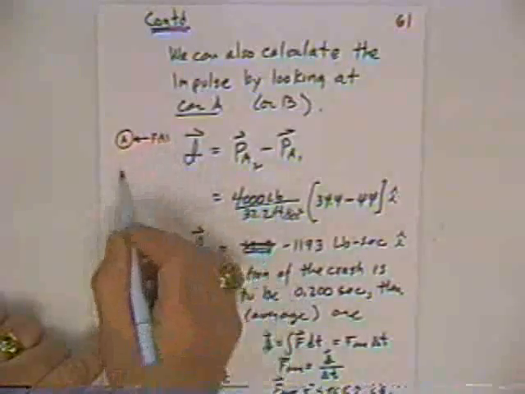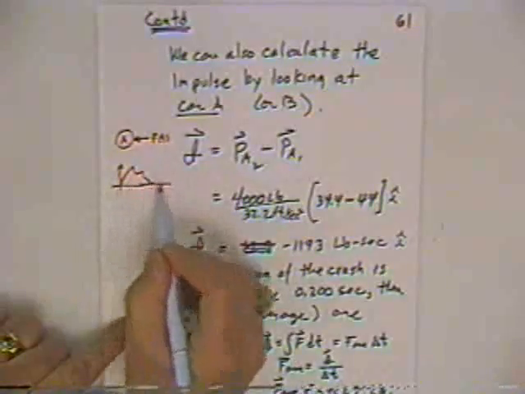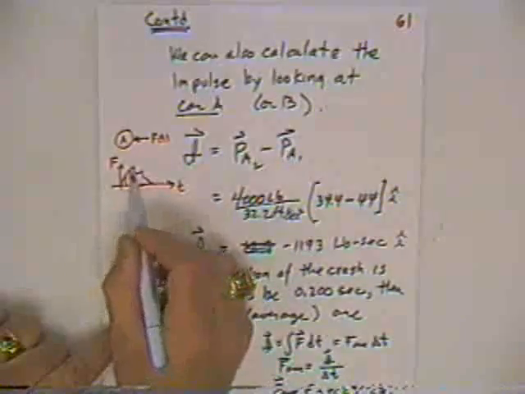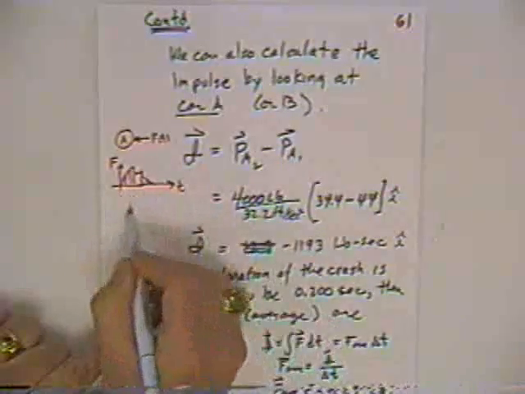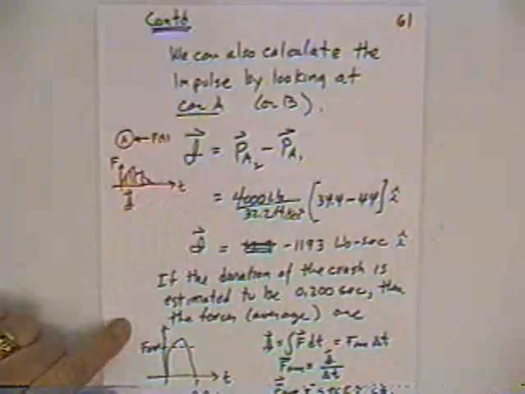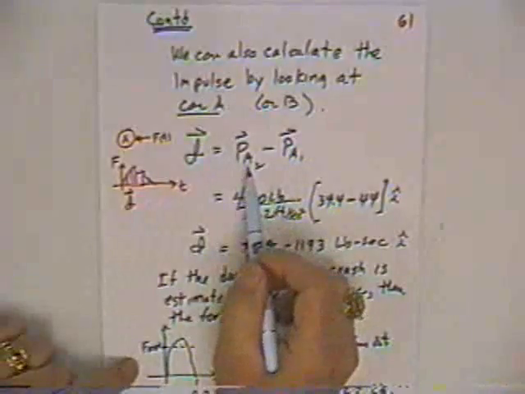And that force, integrated with time, the area under that curve, is the impulse. So the impulse is that area. And that impulse is equal to the change in linear momentum of car A.